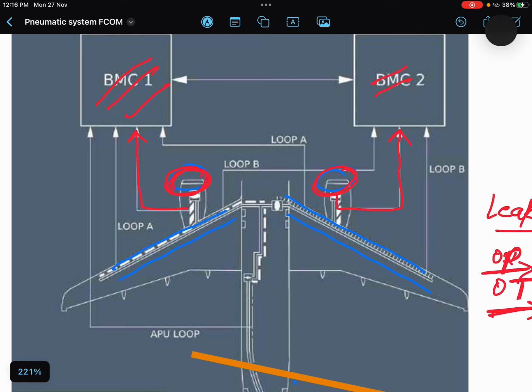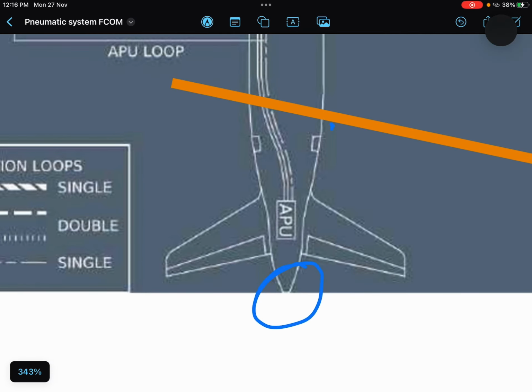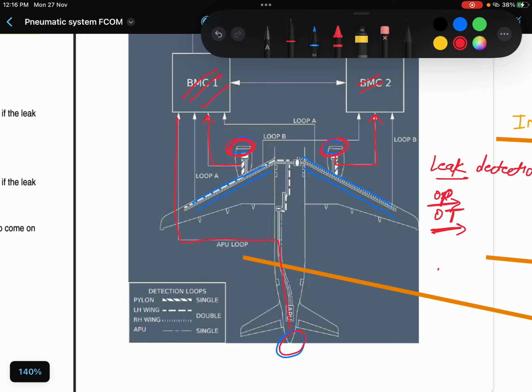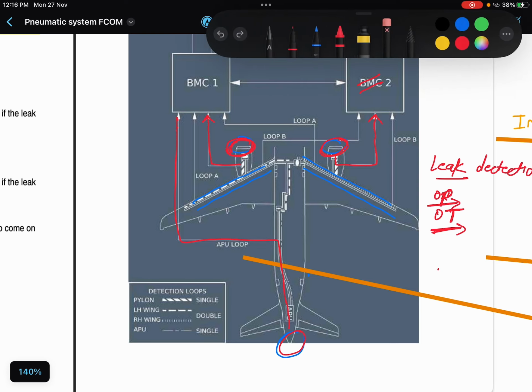If BMC2 fails, then right hand side engine bleed leak detection is lost, right? Now the APU also has a single loop, and that loop is connected with BMC1. Now you can imagine, if BMC1 fails, then your APU leak detection is also lost.